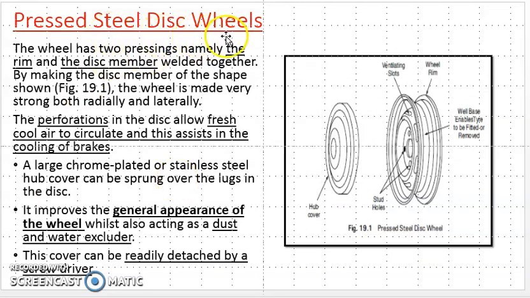Okay, and just see the pressed steel wheel, the main parts are two, already we discussed. This is the rim and this is the disc member, and these are welded together and the shape is shown here, and this is the cover which is fitted in this wheel.